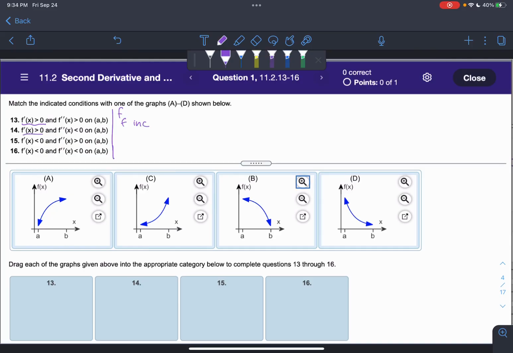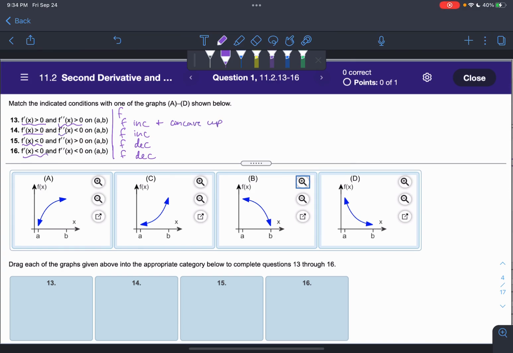Same for this one, right? f is increasing. Here my f prime is negative, so that means my f is decreasing. And same for 16, f is decreasing. Okay, and now let's look at this other piece. My second derivative is positive, so this means concave up.